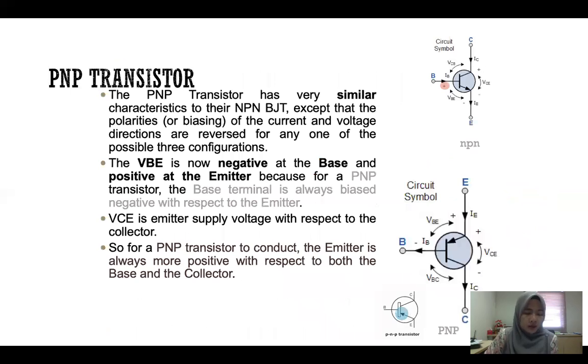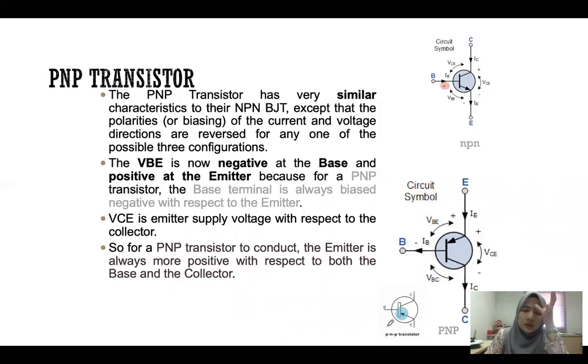Now let's look at the PNP transistor. For the PNP transistor, the difference is based on the arrow. Look at here, this figure and this figure are actually the same. It is a PNP transistor.